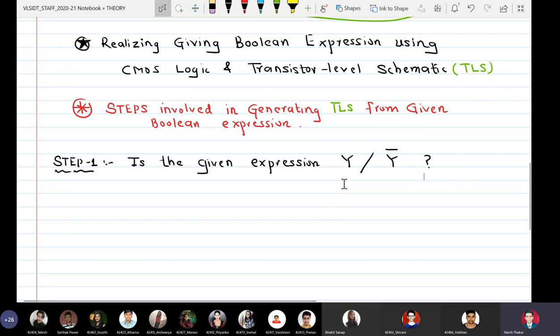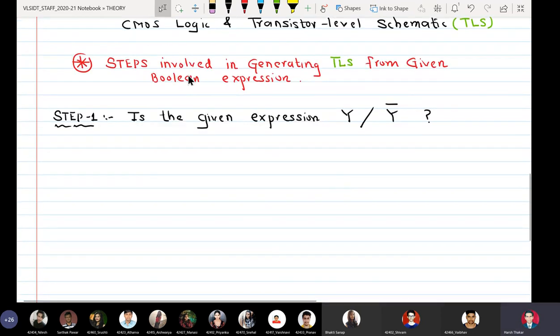So step number 1 is that whichever Boolean expression is given to us, is the expression y or y bar? Depending upon the answer, we will decide whether we will be designing the pull up network or pull down network.